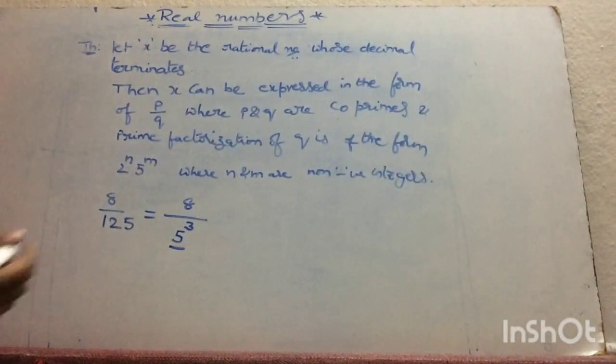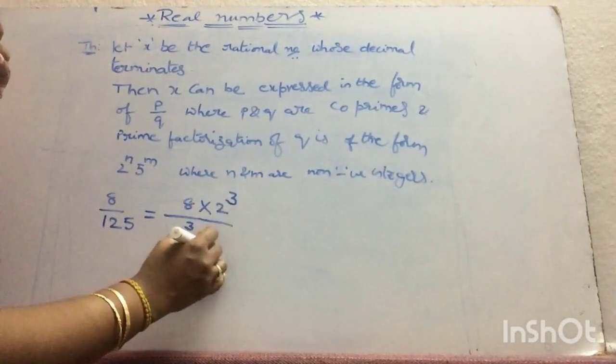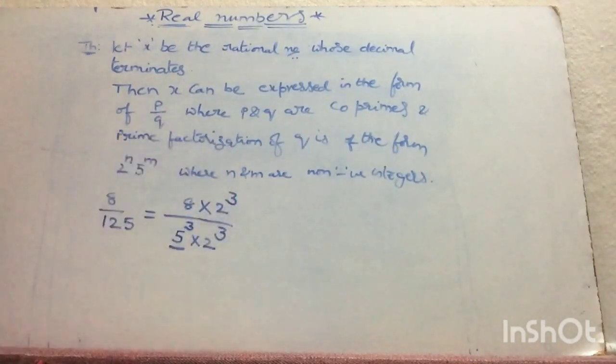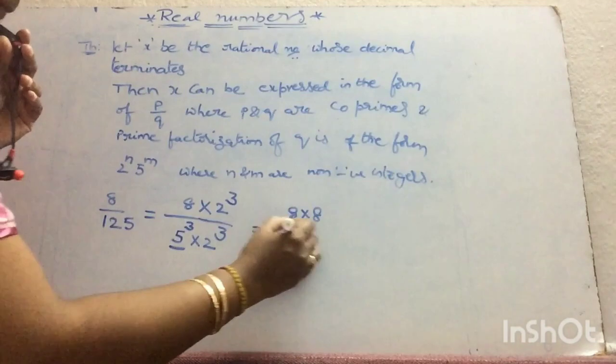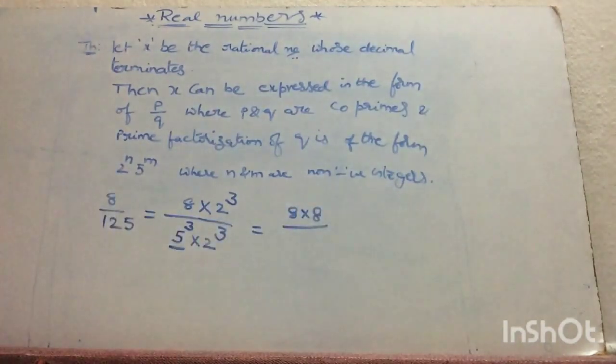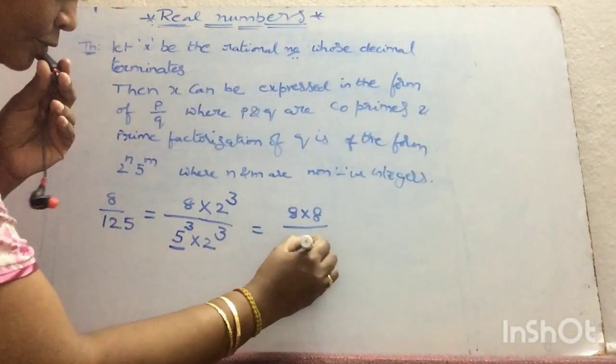That's why we multiply both numerator and denominator by 2 cube. Then we get 8 into 8 by 5 cube into 2 cube, that means 10 cube.